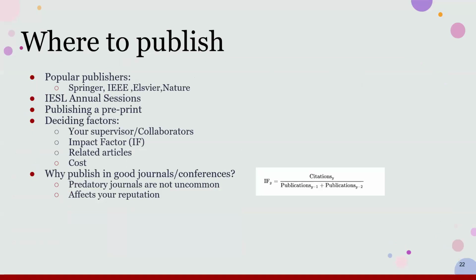The SciMago journal ranking website that we looked at the very beginning would also be a very good resource, where we can type in the journal and check its ranking and what sort of recognition it has gained over the past years for a particular domain.